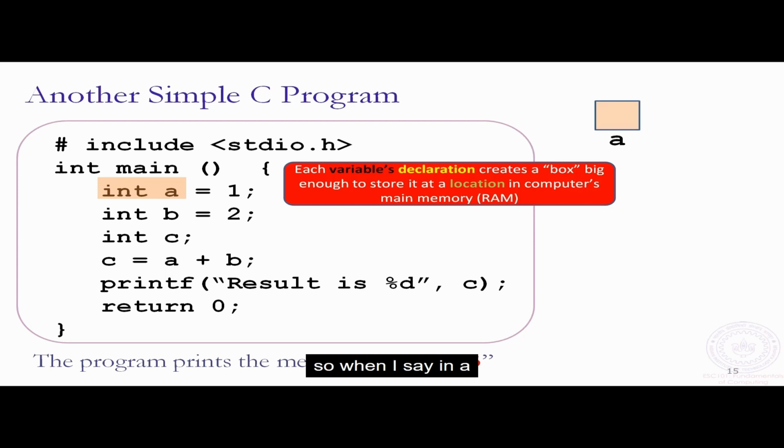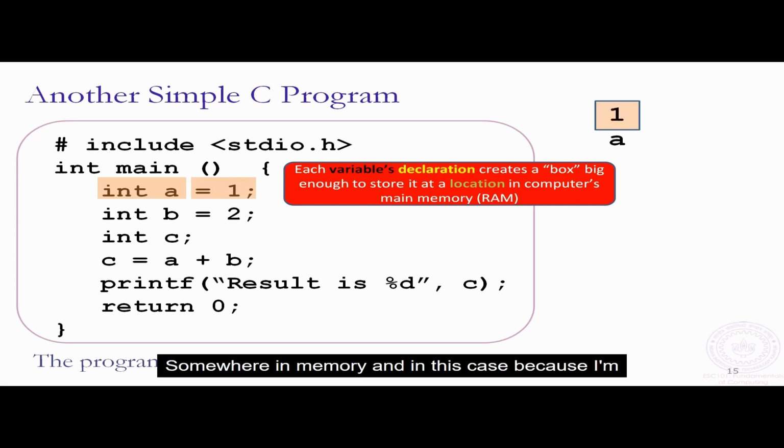So when I say int a, the computer creates a box that's big enough to store an int somewhere in memory. And in this case, because I'm saying int a equals 1, it puts the number 1 in that box.